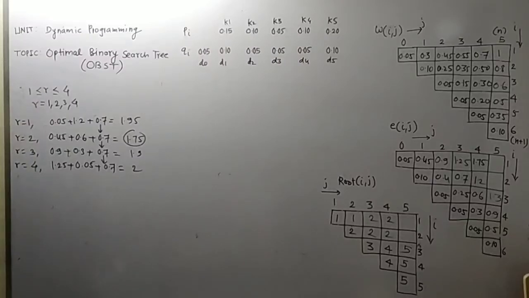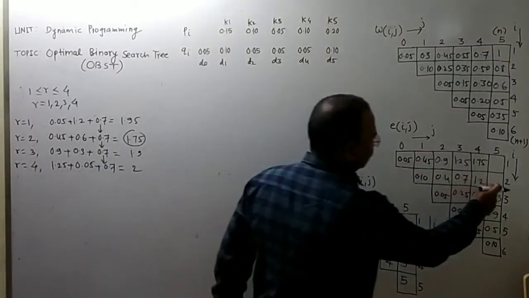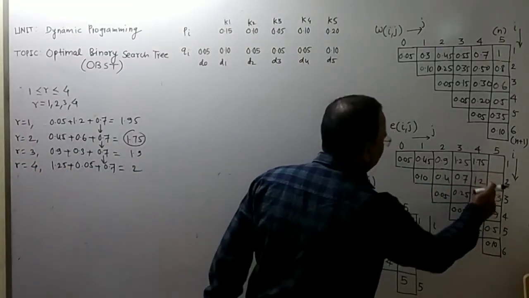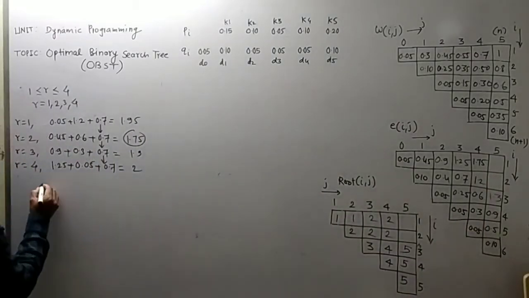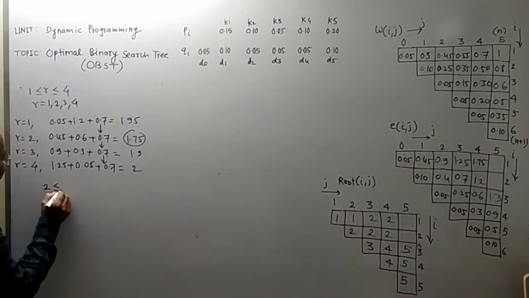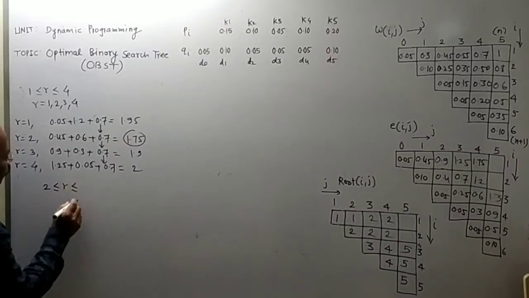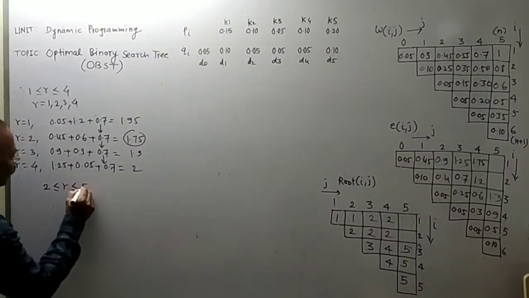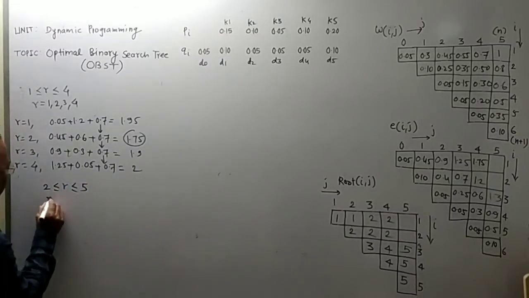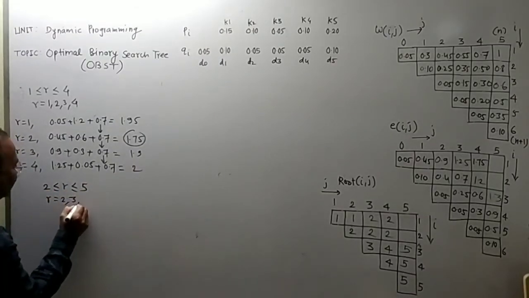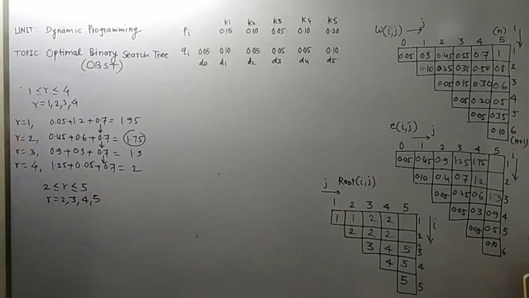Now find out the value for the 2, 5 position. This one means the value of i is 2, less than equal to r, and the value of j is 5, less than equal to 5. Here r varies from 2, 3, 4, 5. R is equal to 2, r is equal to 3, r is equal to 4, r is equal to 5.